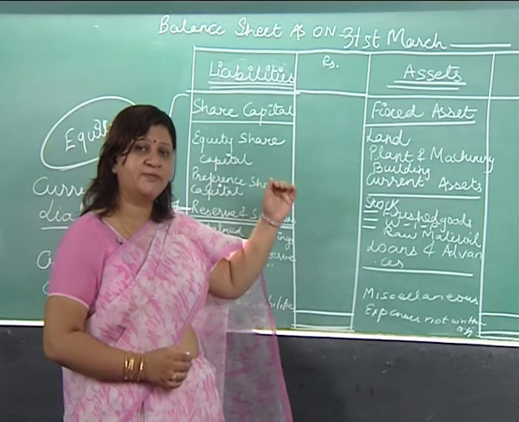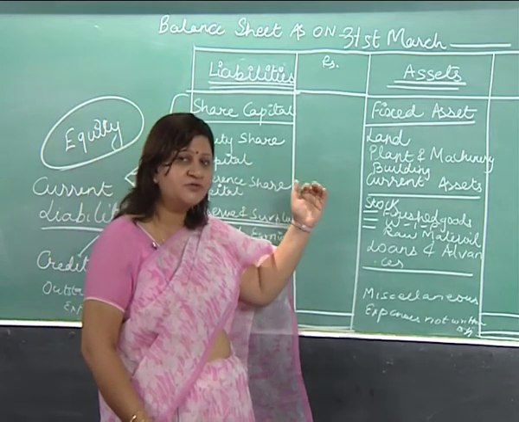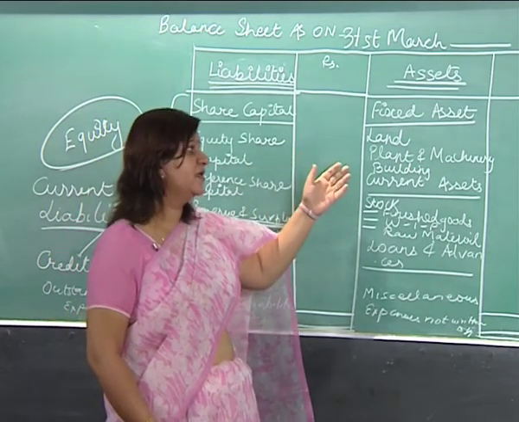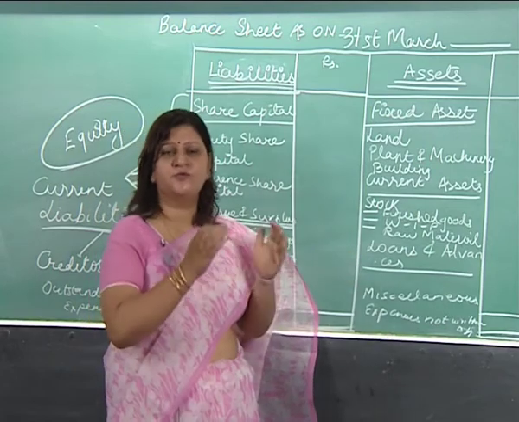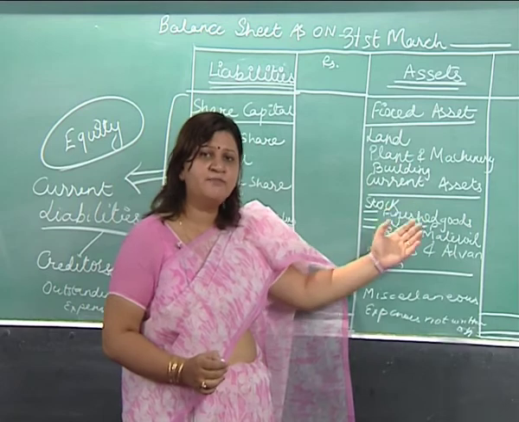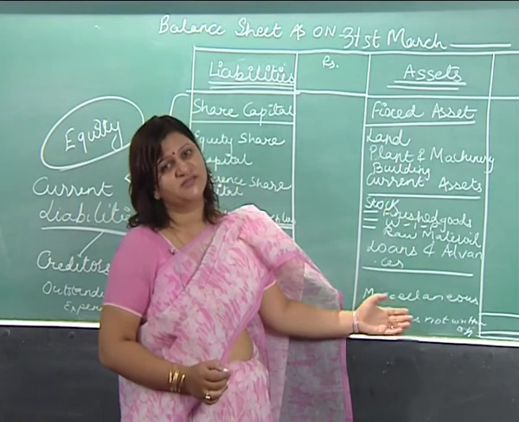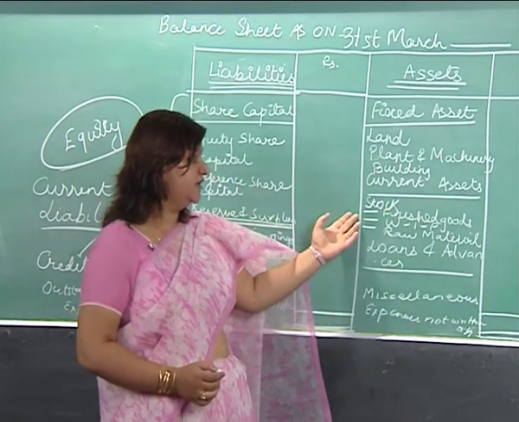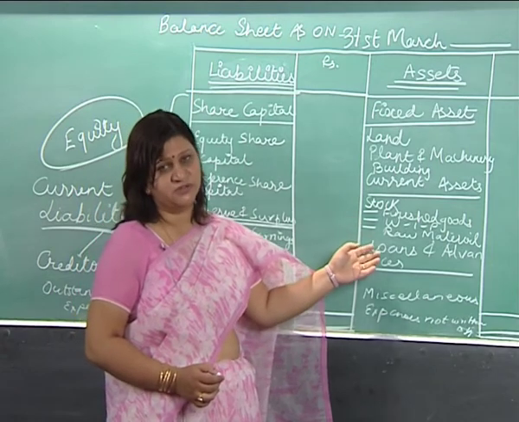We have to prepare particular accounts, called ledger accounts, and whatever is coming as balance carried down will be written in the balance sheet on the asset side. Similarly, stock will also be the closing stock.